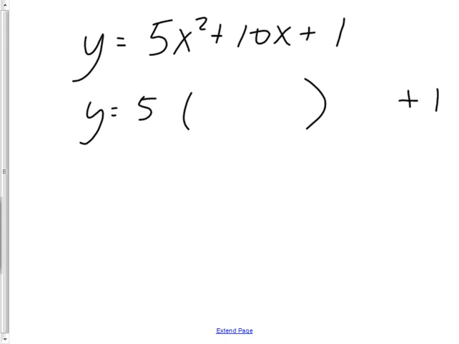And then this 5 comes out. And what do I have left once the 5 comes out? X squared and then what? Plus 2x. And then the special sauce, plus a line, minus a line. And do the half and square thing. Okay, so it's exactly the same as the other kind. It's just you got to factor a 5 out first.